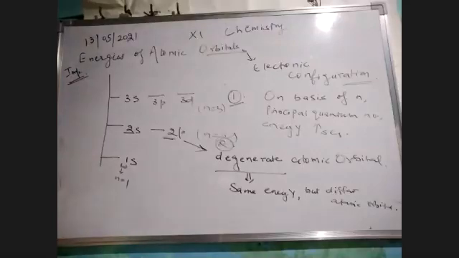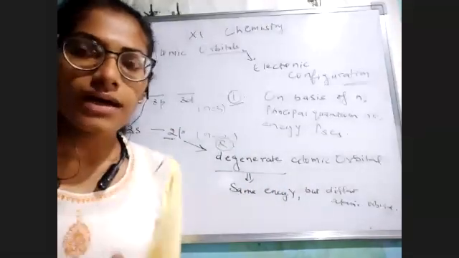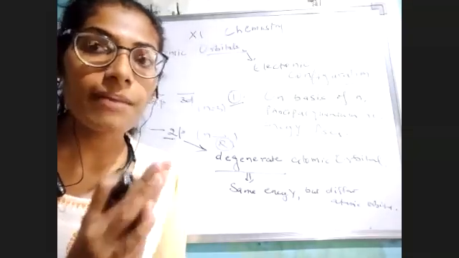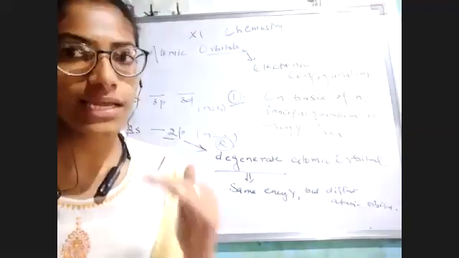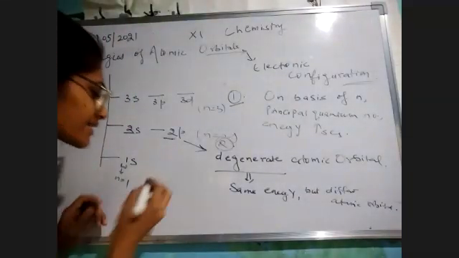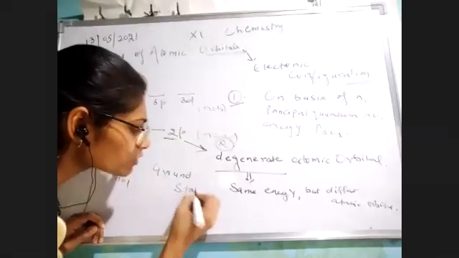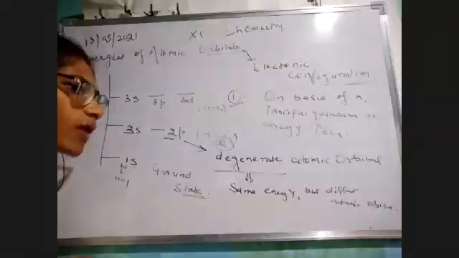As we kept on moving, our third point tells us about the ground state as well as the excited state. You know very well about the ground state and the excited state. Suppose our 1s is known as the ground state. What is the ground state?